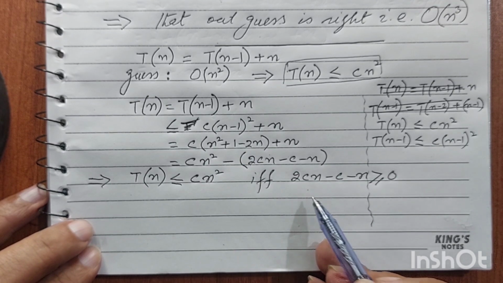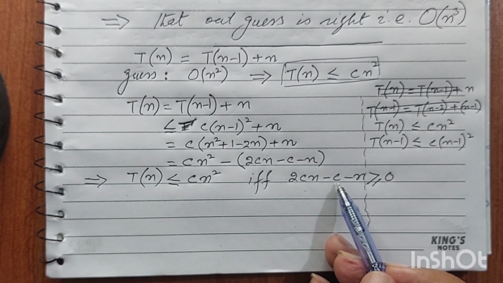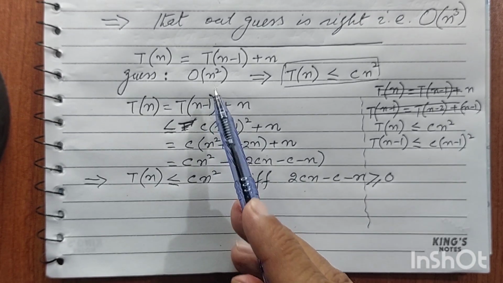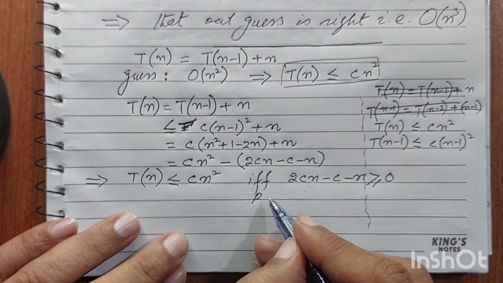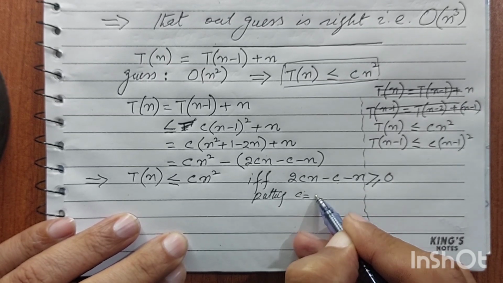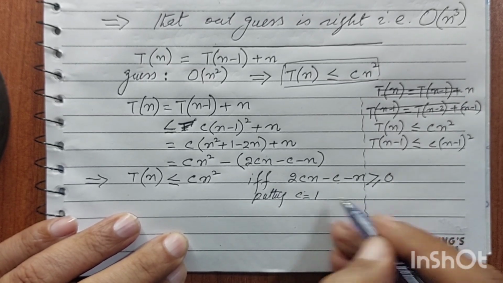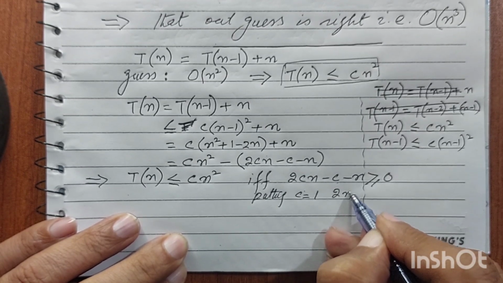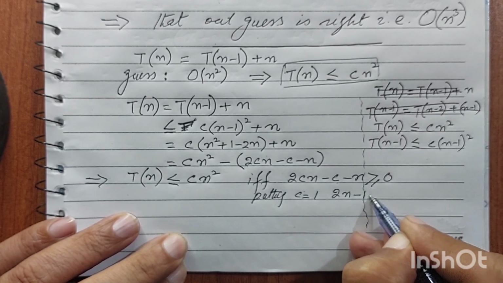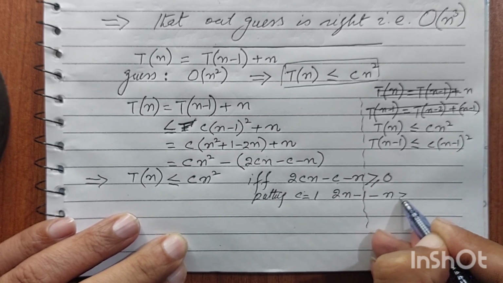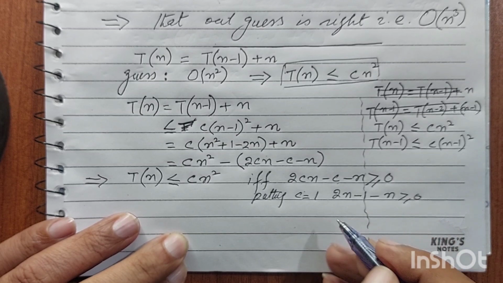If we can get two constants, that is C and n naught, we can say that our guess was right. So if we put C is equal to 1, we get 2n minus 1 minus n greater than or equal to 0.